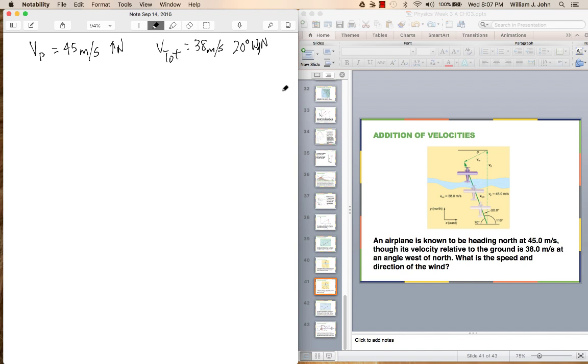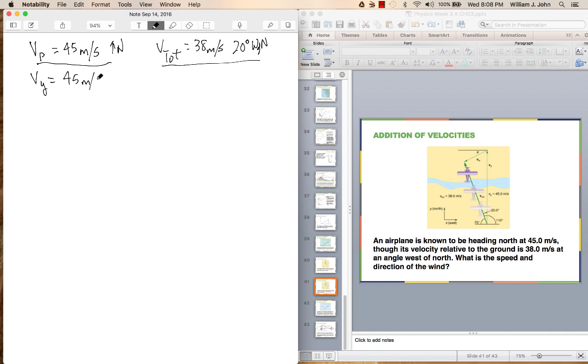So the question is, what is the speed and direction of this vector right here, the wind vector? So this is another situation where you can divide these into an x-axis and a y-axis. This is due north, so this only has a y component, so it's going to be simple.